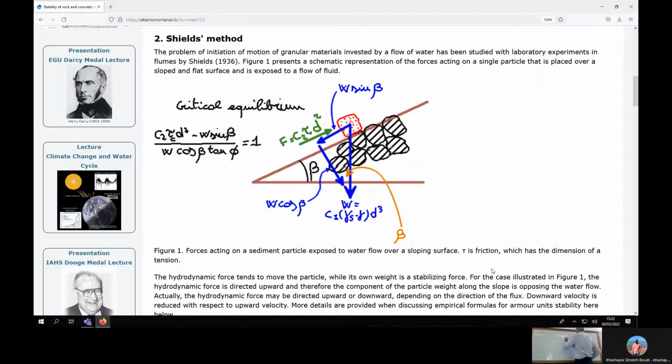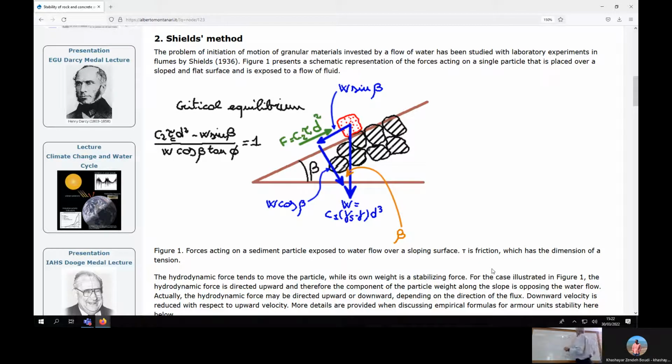And there is a forcing here operated by waves. The forcing F is given by a coefficient C2, which depends on the shape of the unit, and then we have a symbol tau, which is the shear stress operated by the current on the bottom and on the unit.